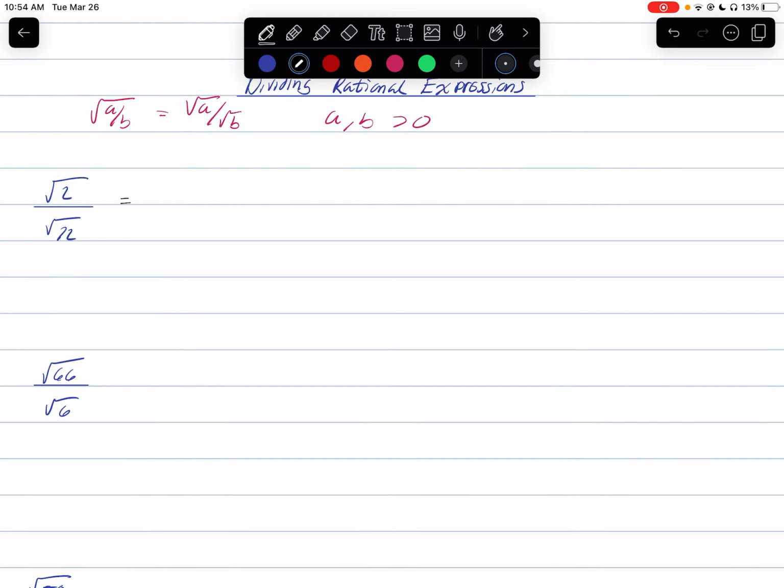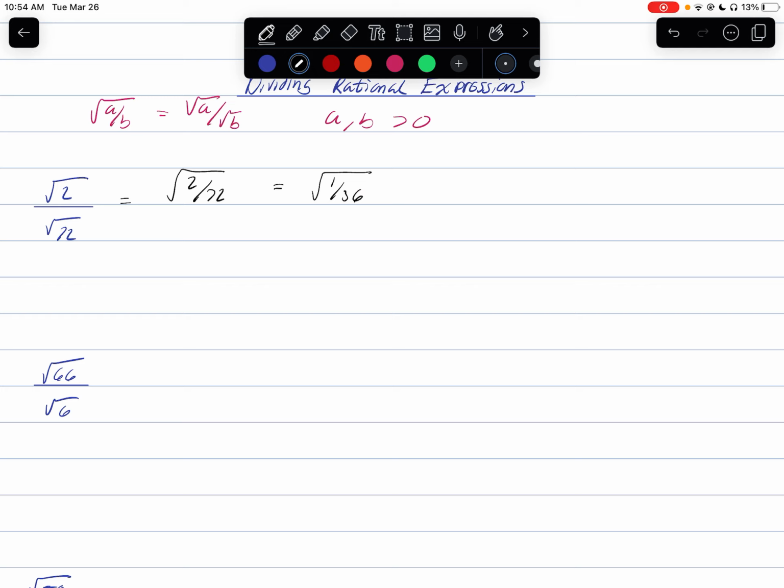So here we have the square root of 2 divided by the square root of 72. Neither of these is immediately reducible to whole numbers, so we are going to have to use this rule. We can rewrite this as the square root of 2 divided by 72, which reduces to the square root of 1 divided by 36. 72 divided by 2 is 36.